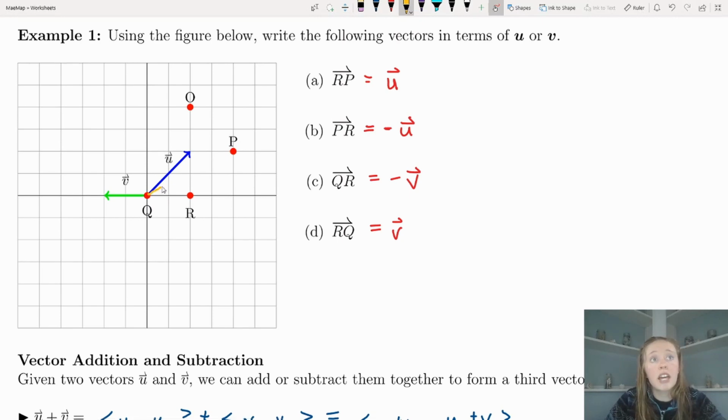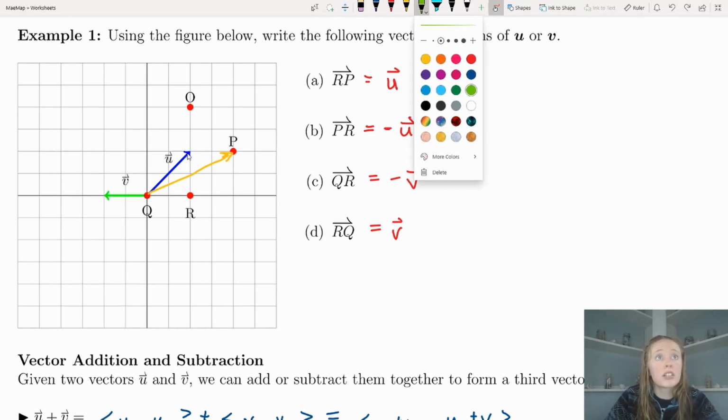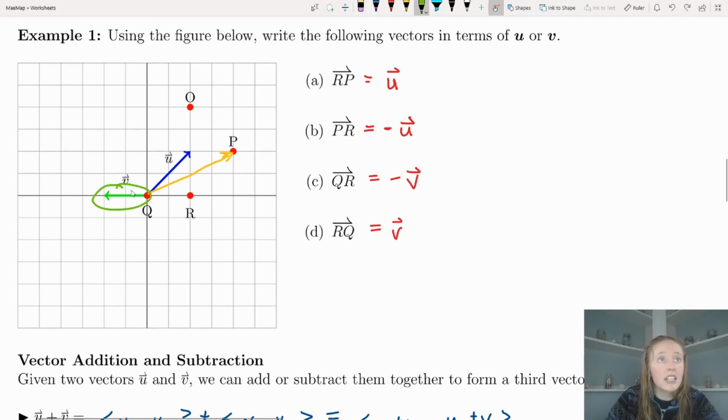Remember, tail to head, Q to P. You can see that this is not simply u and it's not simply v, but it is a combination of u and v. If we take vector u, which goes this way, and add vector v, we would get to this point here.